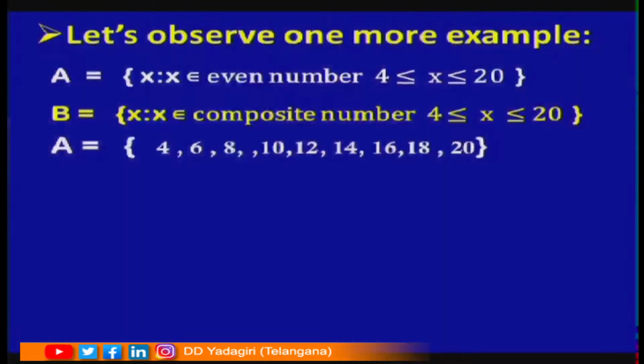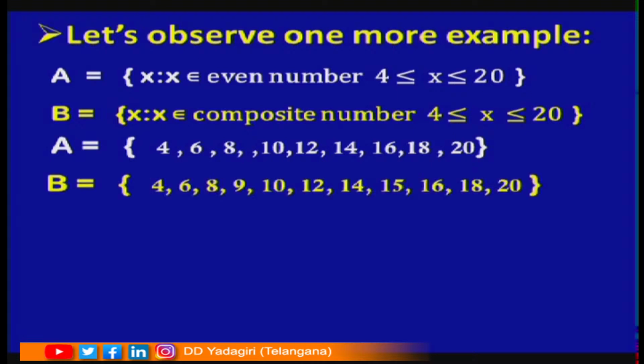Similarly, take set B: x such that x is a composite number, 4 ≤ x ≤ 20. So, A = {4, 6, 8, 10, 12, 14, 16, 18, 20} and B = {4, 6, 8, 9, 10, 12, 14, 15, 16, 18, 20}.